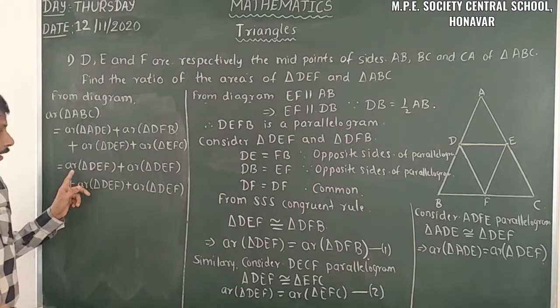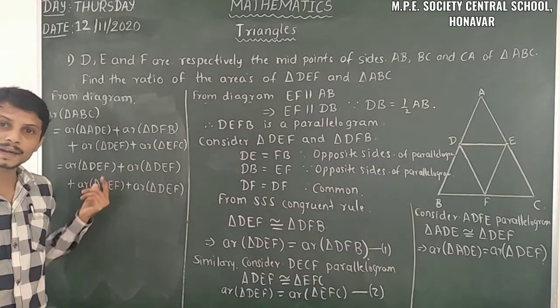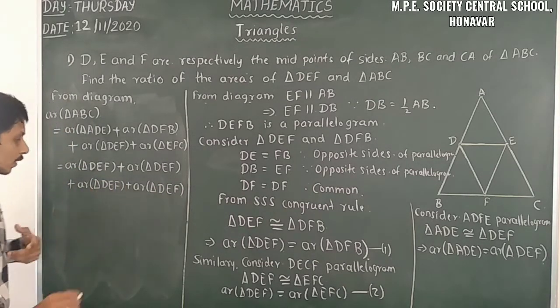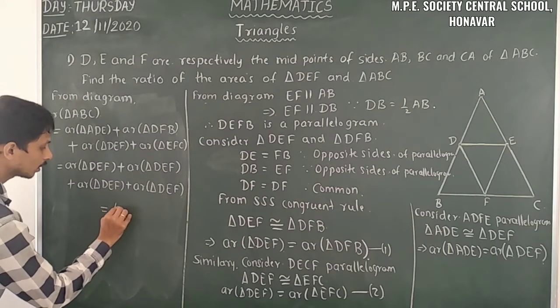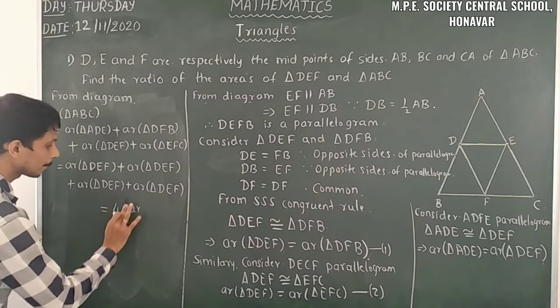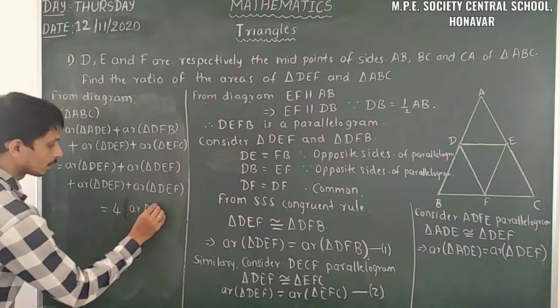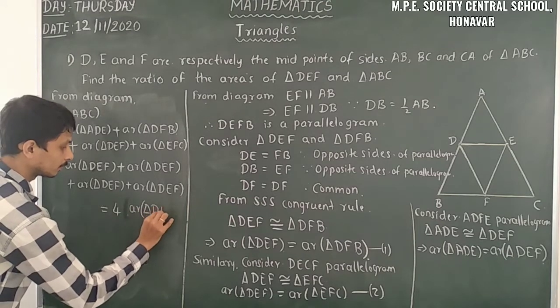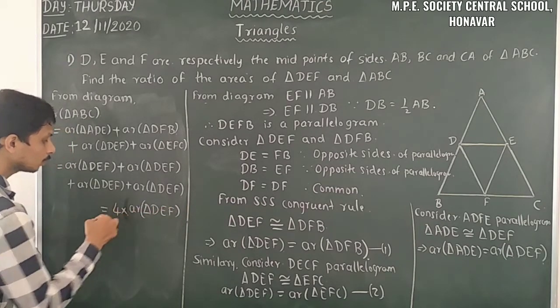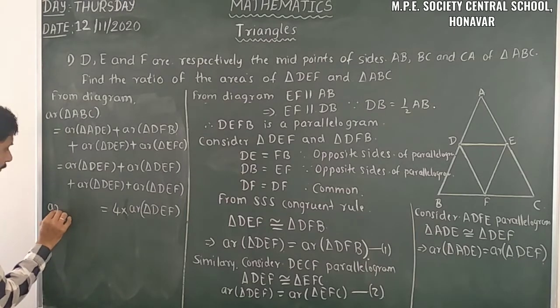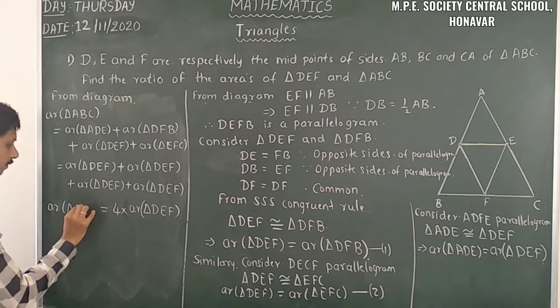So here there are four times we added the area of triangle DEF. So we write 4 times area of triangle DEF, that is area of triangle ABC.